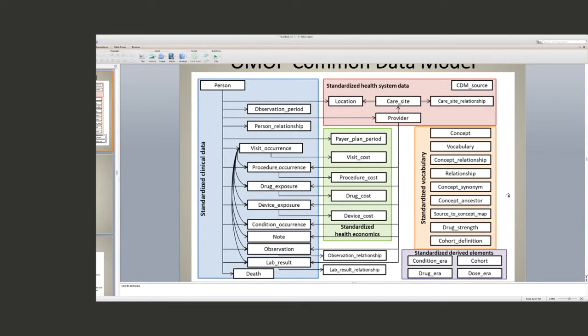It has international acceptance. The big part of it for me, why I like this model so much, is it's tied in with standardized vocabularies. And we'll see from some of the other work that I've done that standardized vocabularies can save you a lot in relationship to the cost of interoperability.